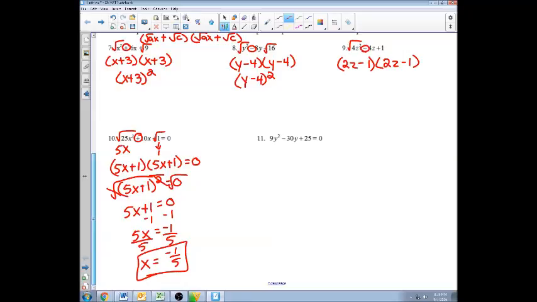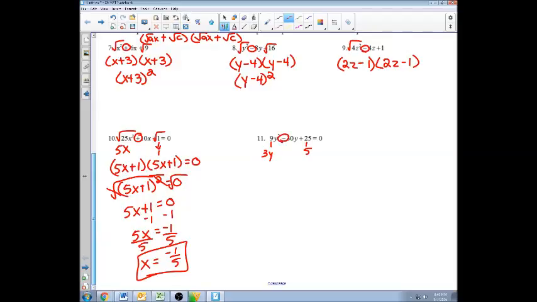On to number 11. Again, I would check for my GCF. 9, 30, and 25 do not share a factor, so that will not work. I do want to check and see if 9y squared and 25 are perfect squares. They are. The square root of 9 would be 3. Square root of y squared would be y. The square root of 25 would be 5.